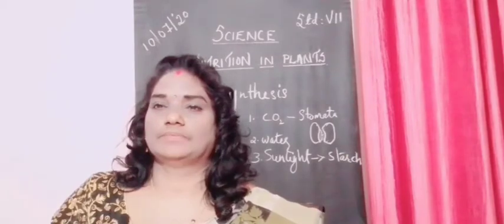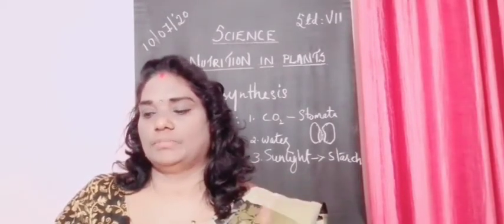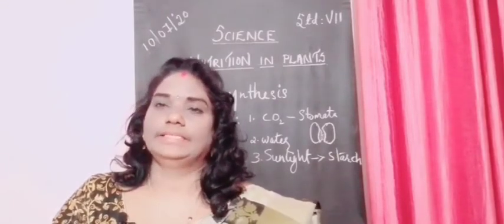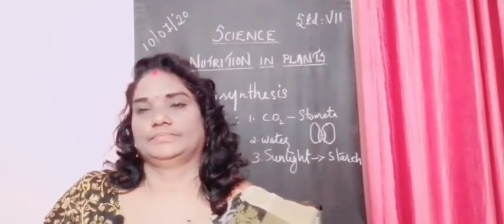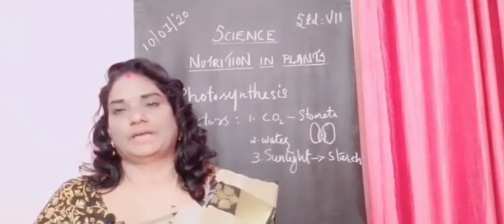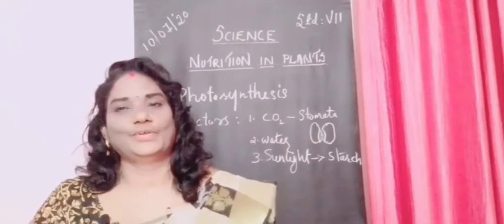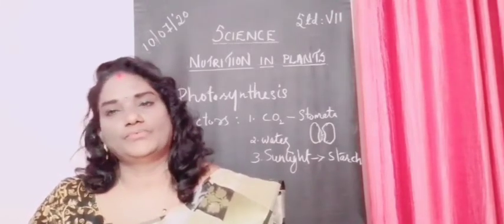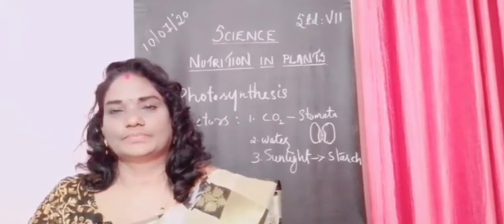And plants absorb these nitrogen-rich compounds from the soil and they prepare what? Proteins in their body. When we consume the various plant parts, we get protein from that food. Got it? So this is how plants prepare food. Understood, children? Yeah.